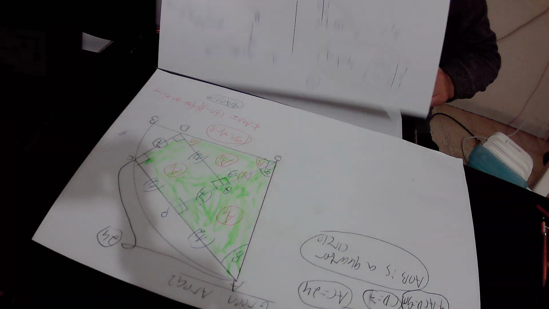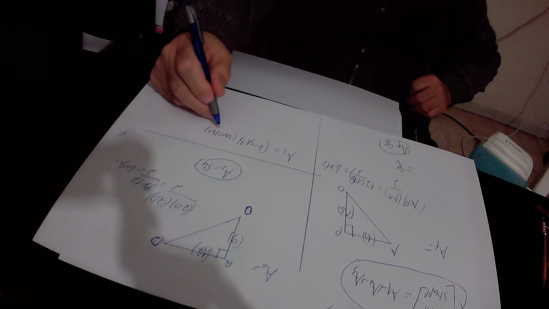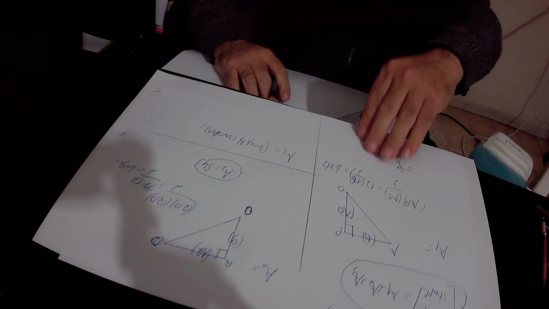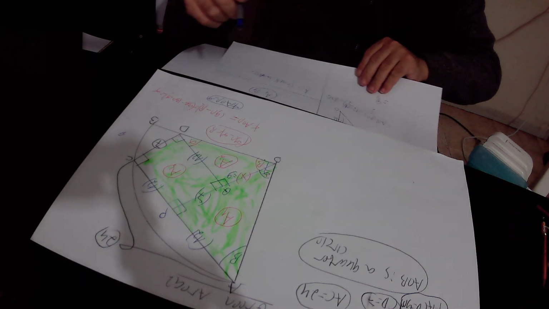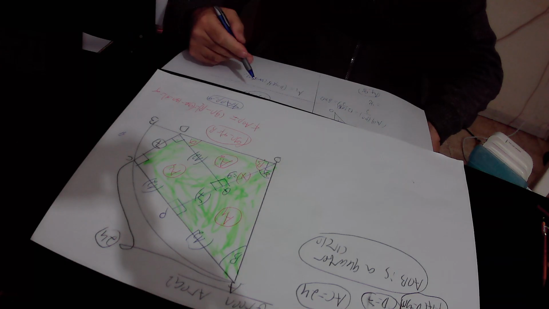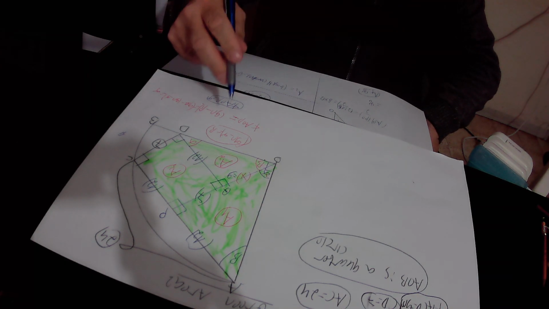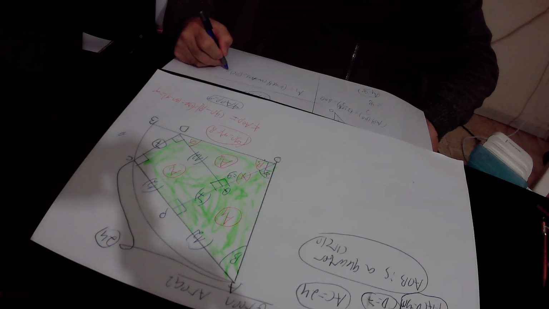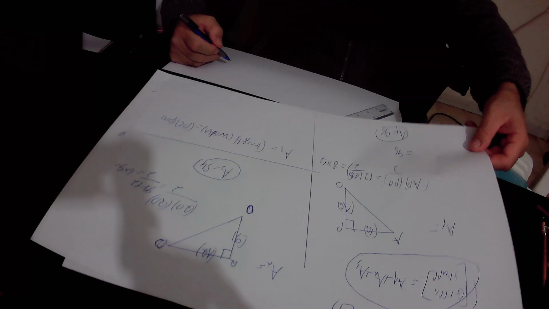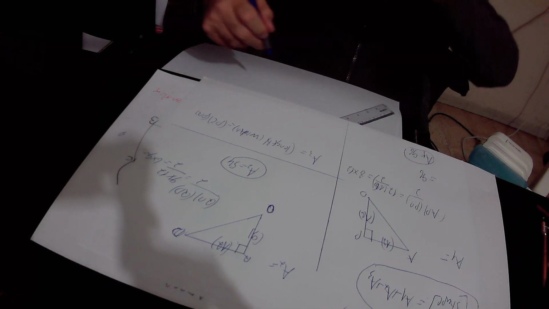Repeat again. The area of any rectangle is the length of the rectangle times the width. The length of rectangle PCDQ is PC, times the width PQ.